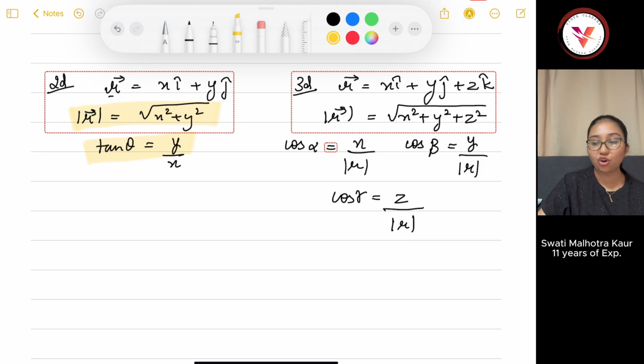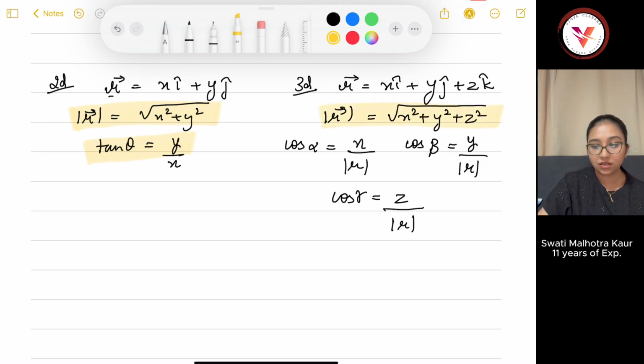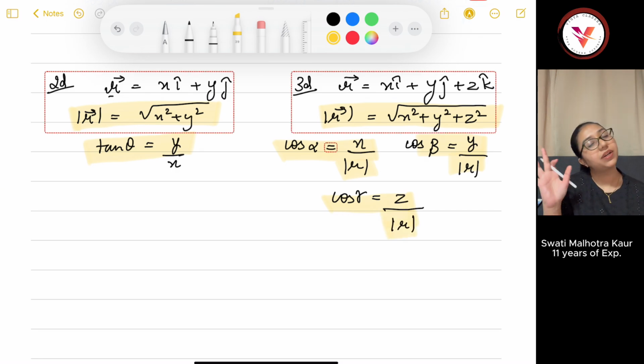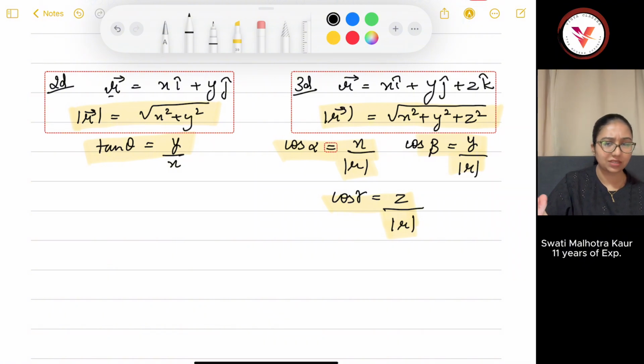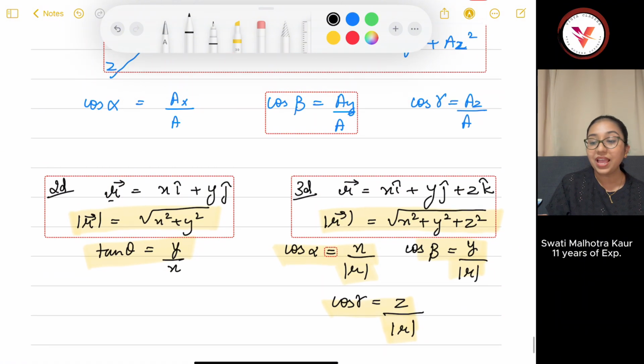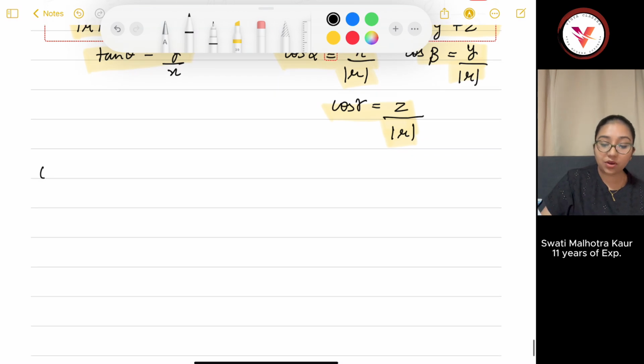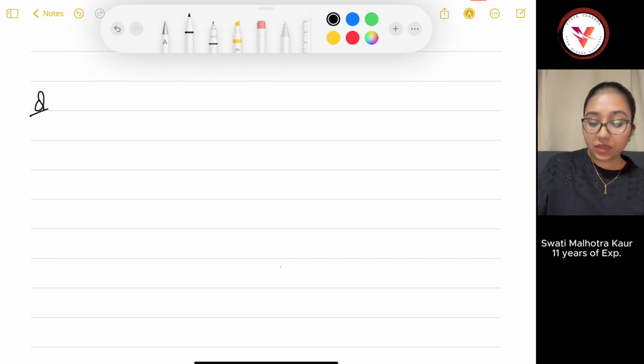Physics itself is not that hard, but the maths part makes it a little bit trickier. But I don't think that the physics is that hard.